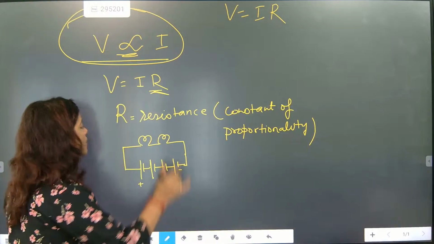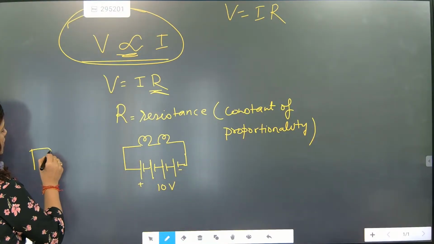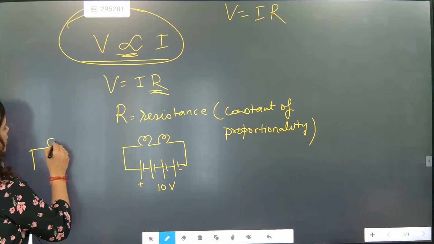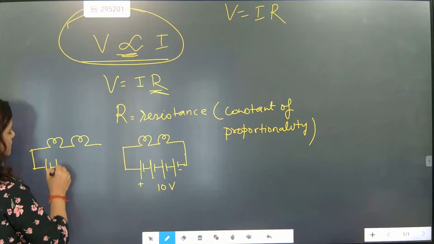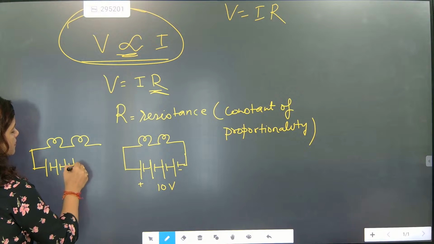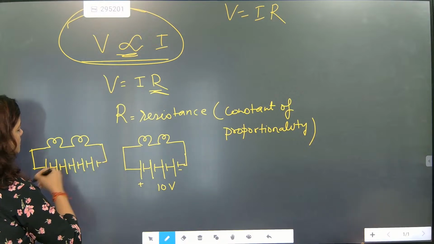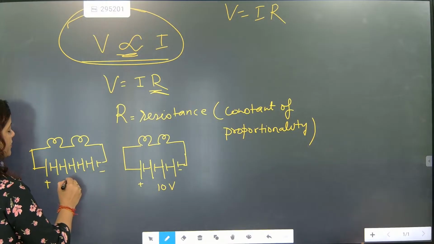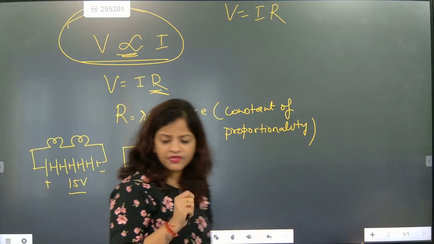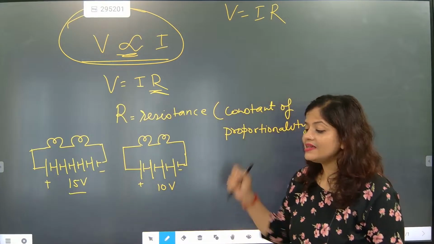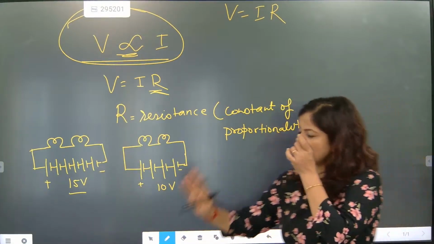Correct? Now another circuit we have taken, with two bulbs only, but this time it is 15 volt. So which circuit has the highest capacity to drag more current? Whose electromotive force is higher?